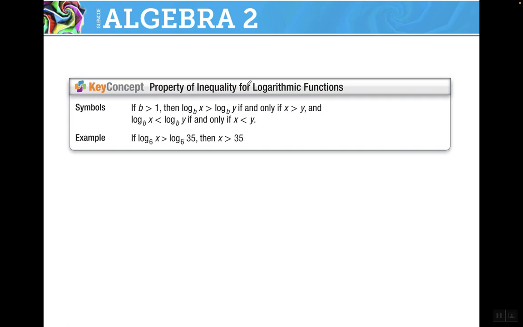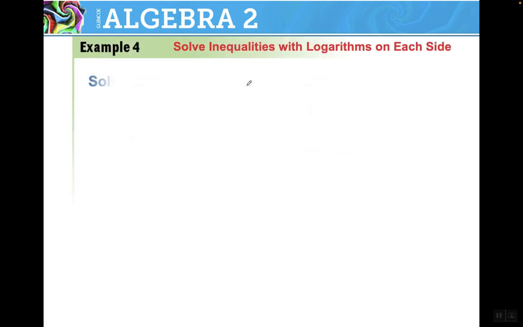Alrighty, this is very, very similar for the properties. We will set this up the same way. We can drop those logs and just put 2x plus 8 greater than x plus 5.